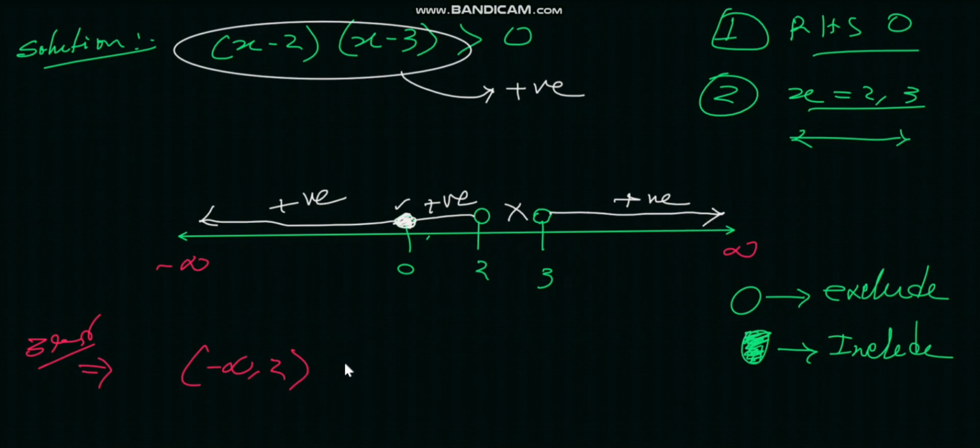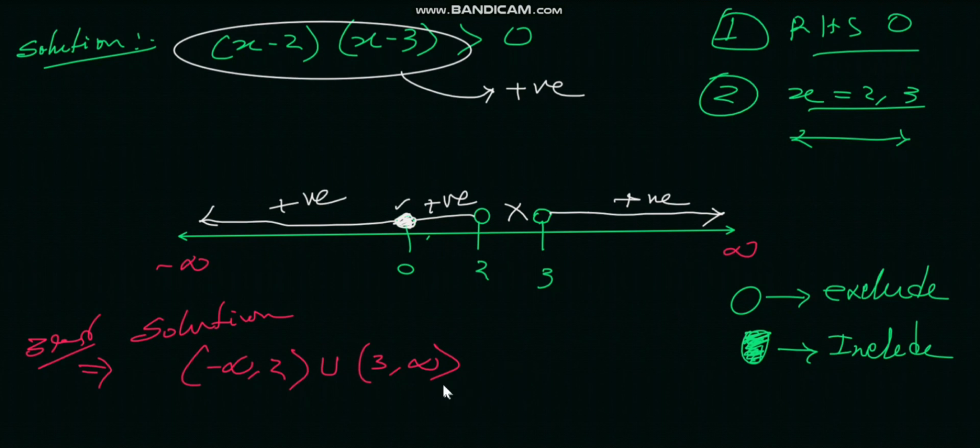So we'll use the union, and obviously 3 is excluded, so we'll use the open bracket, 3 to infinity. And as I said, if you are plotting the infinity, we need to use the open bracket. So the solution region will be minus infinity to 2, union 3 to infinity.